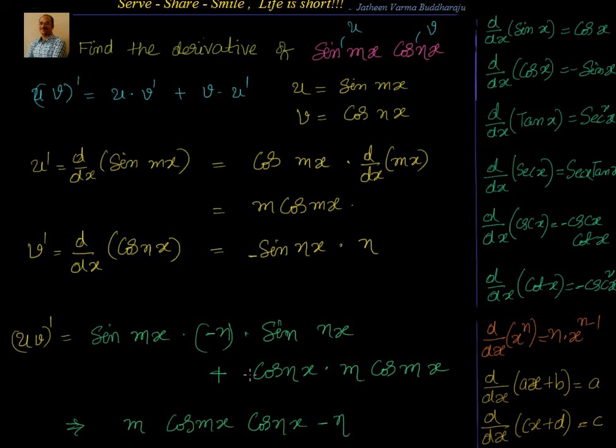I'll have n, the constant term, after that sine mx sine nx. It's not clear, let me give a space there. Minus n sine mx sine nx. That's the derivative of sine mx cos nx.